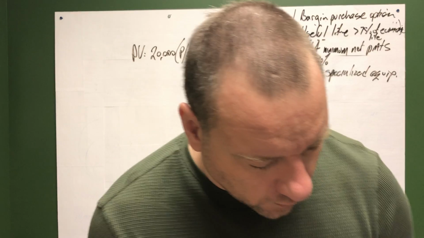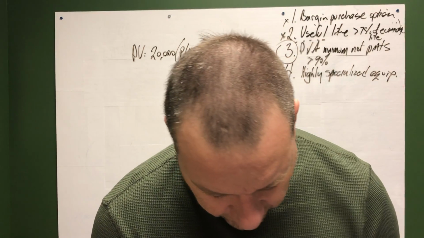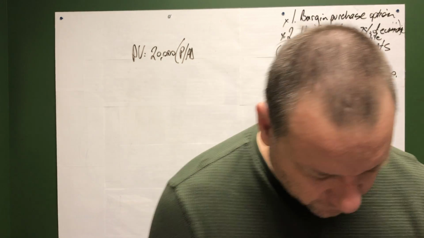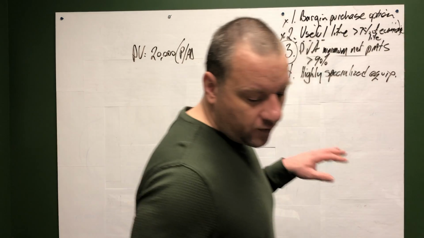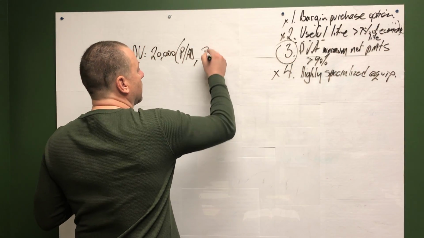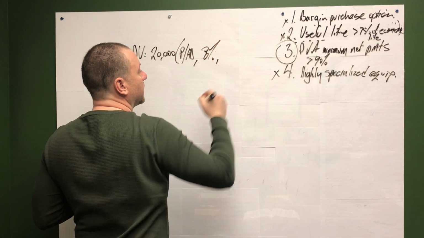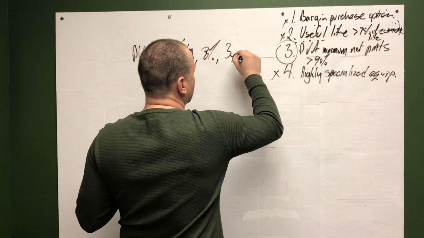So right now, if we look at the various criteria of this question, the examples on page 1252, we know our interest rate is going to be 8%. What's the term? Well, the initial term is going to be 3 years.